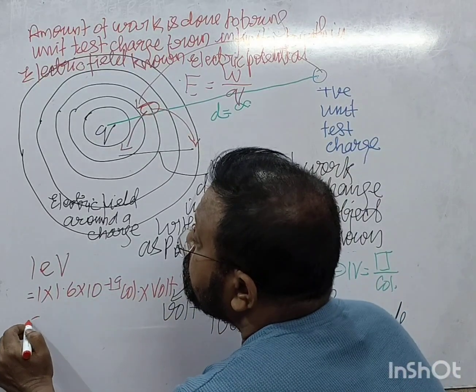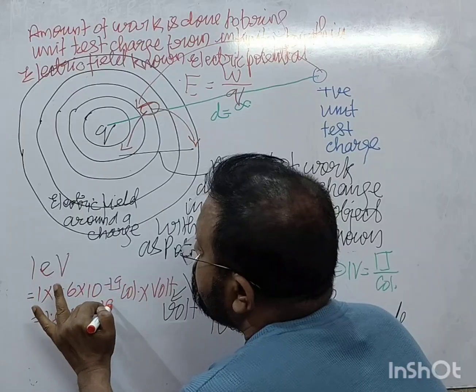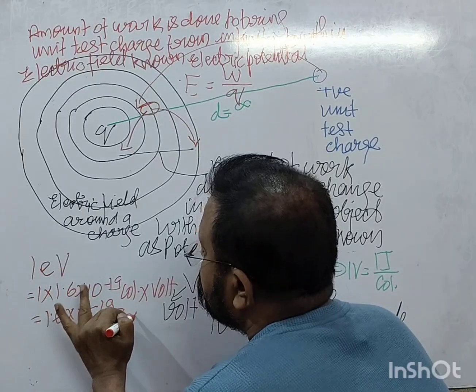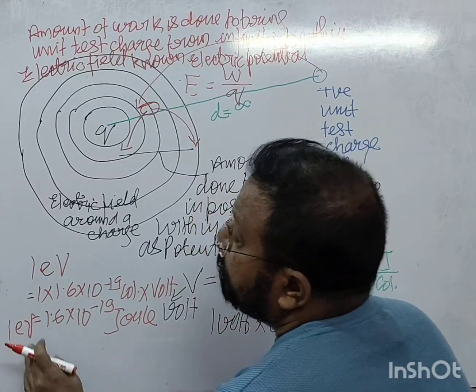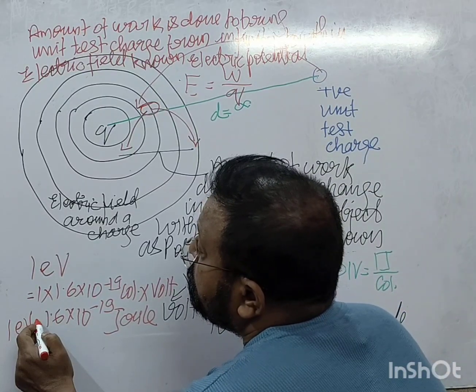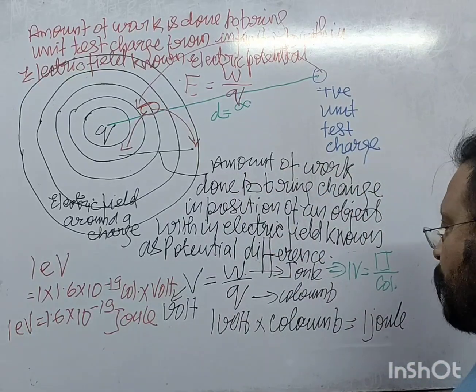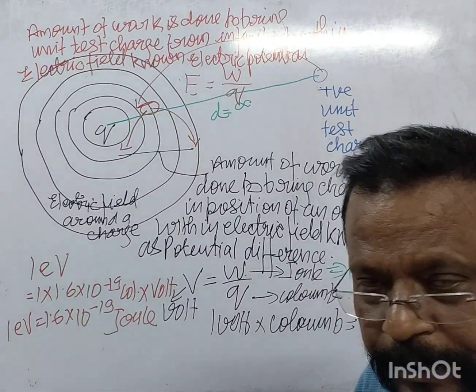So it is 1.6 into 10 to the power minus 19 joule. That is equal to 1 electron volt. That you get? Right?